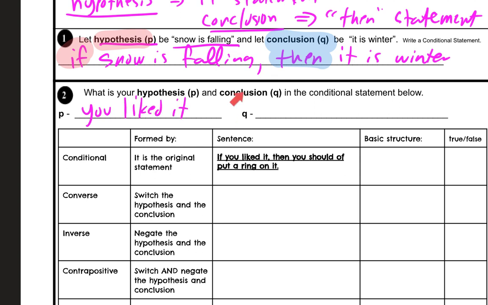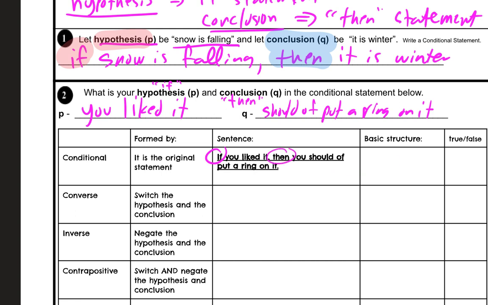Then the Q, which is the conclusion, comes after then, right? So we want that to be the then statement, and the hypothesis is the if statement. So if you liked it, then you should have put a ring on it. Okay, so the hypothesis comes after if, and then the conclusion comes after then.